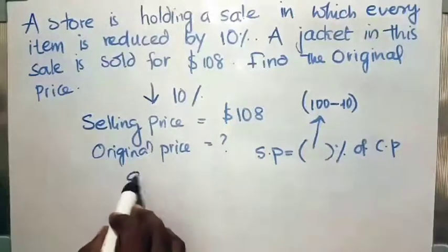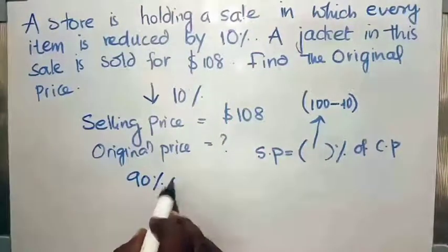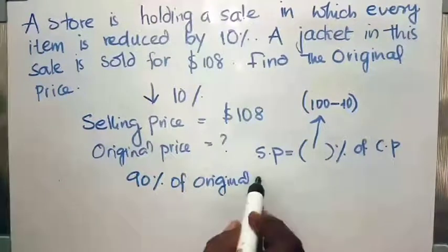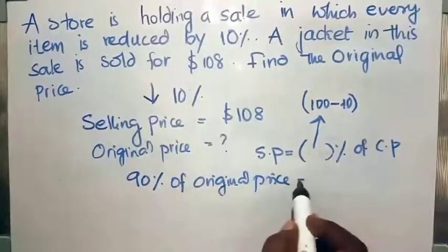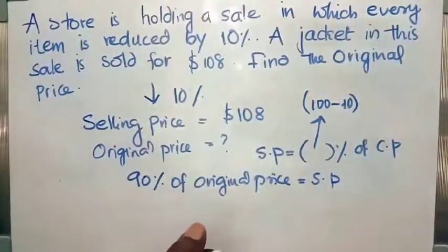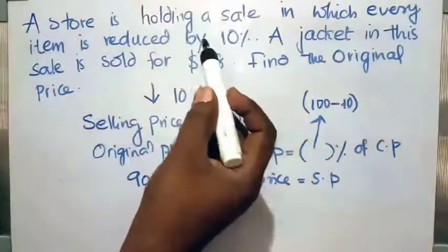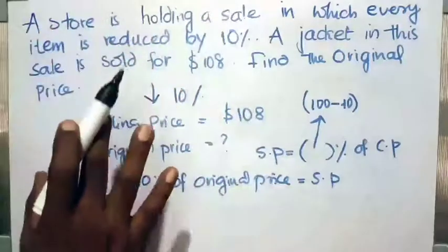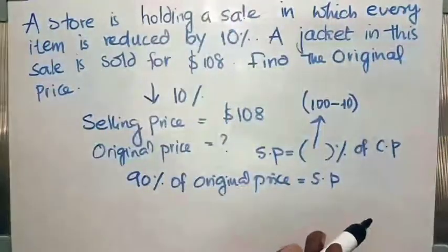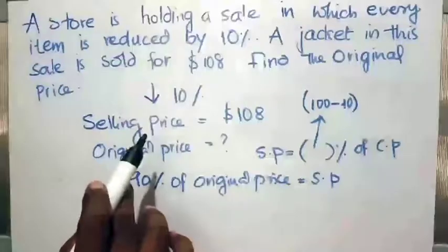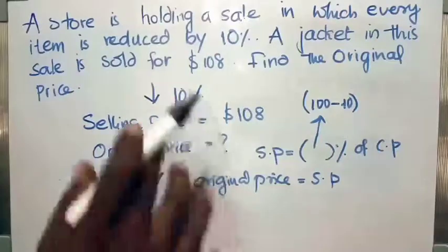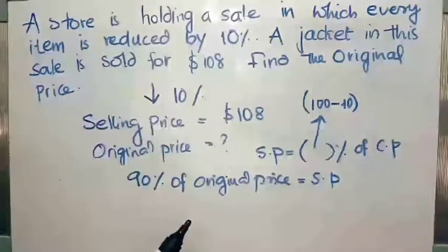That means 90% of original price is selling price. Just to think in a sensible way, a jacket has a certain price. Its 10% is reduced. That means the 10% of original price is reduced, so that the new price is $108.